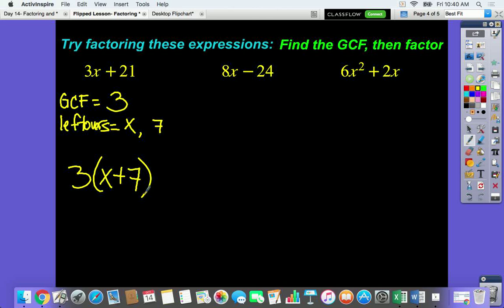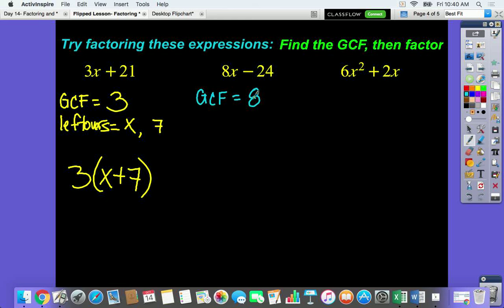Okay? We'll do the same thing for 8x minus 24. My GCF, you might already be able to notice this just by looking at the 2 numbers. I know that 8 is a factor of 8 and a factor of 24. My GCF is 8. I'm going to get to the point where I don't have to necessarily do those factor trees to figure it out, okay?